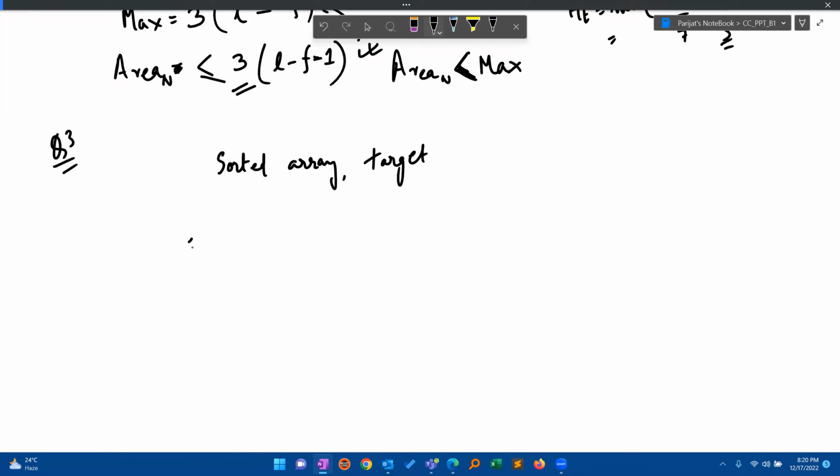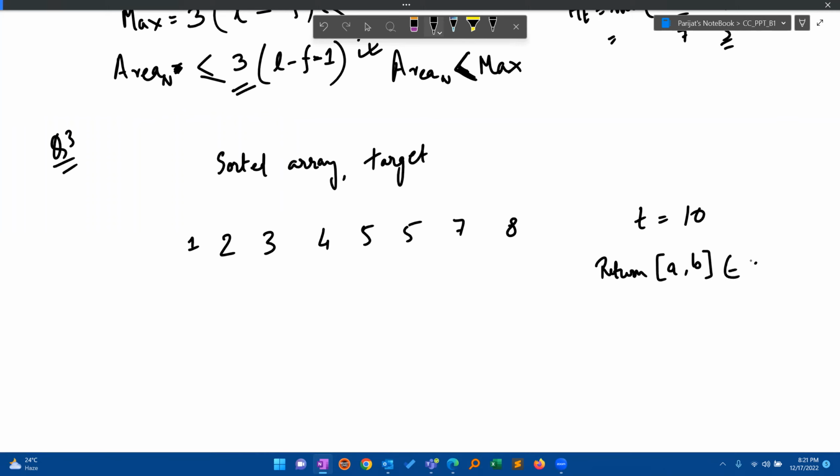Okay. So you have this, and say your target is given as 10. You have to figure out two numbers that add up to the target, so you'll be returning a pair, A comma B, such that A plus B equals target.